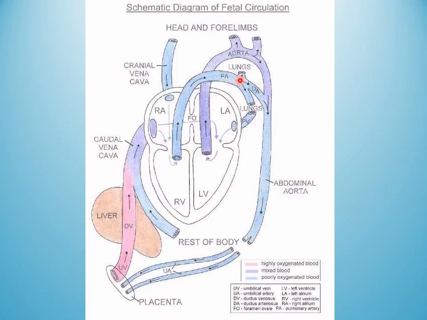So some will go to the lungs, but some of it will just dump right into the aorta, going to the fetal systemic circulation, and then the deoxygenated blood making its way through the umbilical artery because it's going away from the fetus's heart, and then make its way back to the mother, and then the mother's heart will oxygenate that blood again.